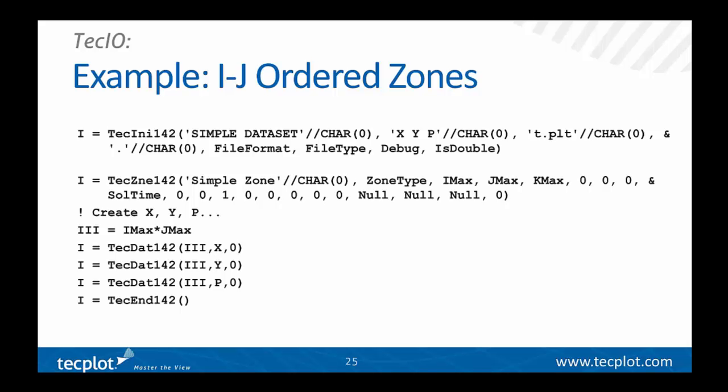They'll all return 0 if the call was successful and some non-zero number otherwise. The particular non-zero value won't be meaningful to you, but if you're getting one of those, it could help us or tech support identify exactly the problem you're running into. Also, setting the debug parameter in TecINI will give you some diagnostic output to your console, so you can see possibly what's going wrong.